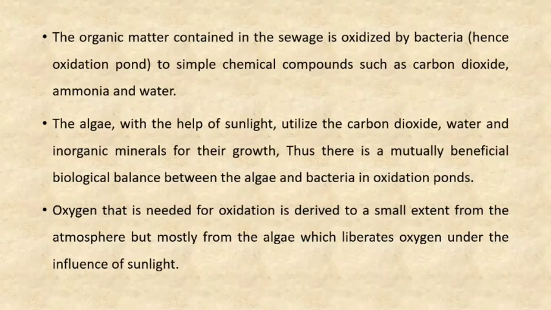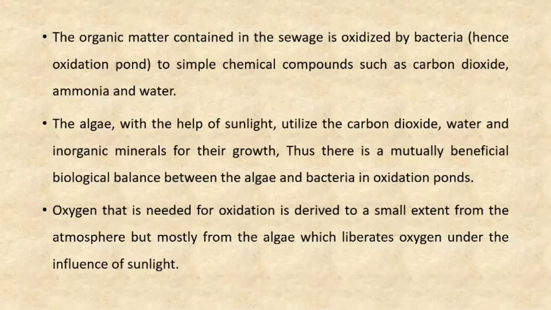The algae, with the help of sunlight, utilize the carbon dioxide, water and inorganic minerals for their growth. Thus, there is a mutually beneficial biological balance between algae and bacteria in oxidation ponds, because after oxidation by the bacteria we get carbon dioxide, ammonia and water.